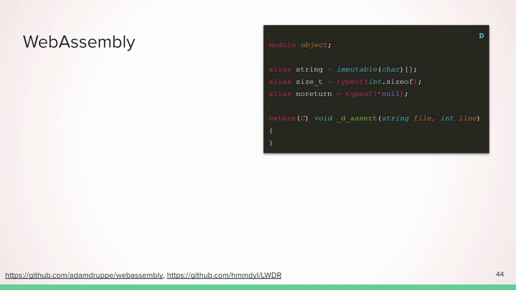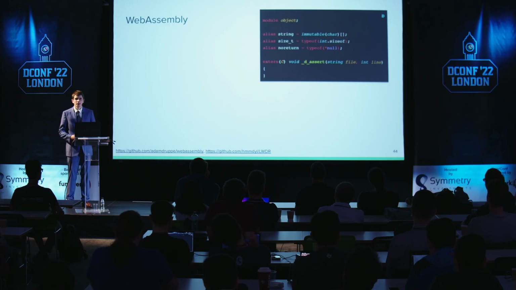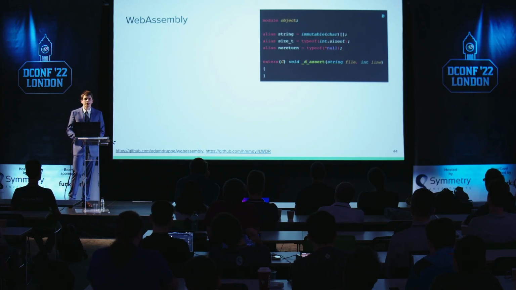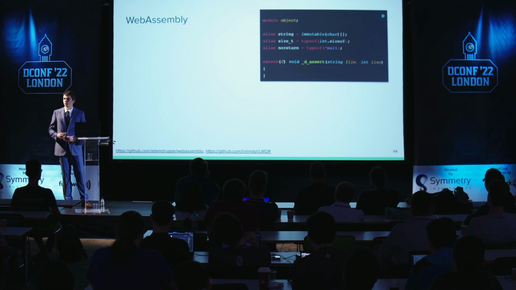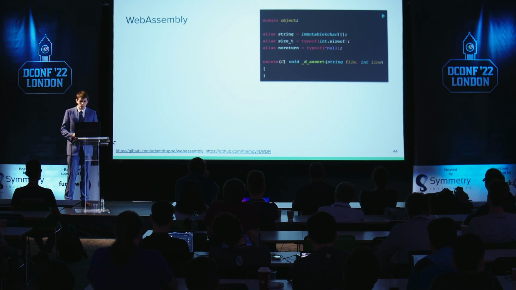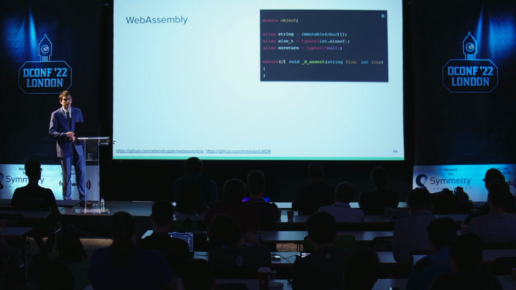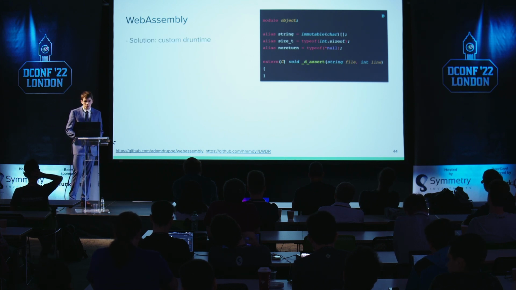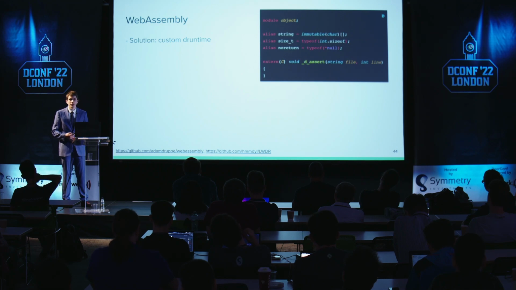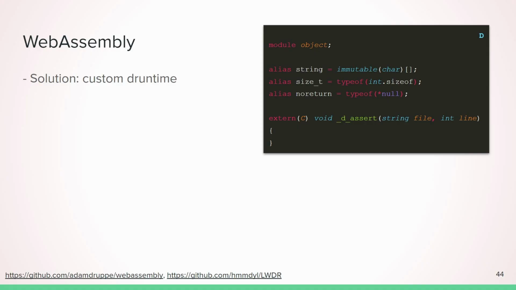And the solution to that is you can actually use your own object.d. So object.d is this module that gets imported implicitly into every D module, and it also imports all the things that cause the errors. But if you just pass your own object.d to the command line, then it will use that instead, and you can just implement the parts of the runtime that you actually need.